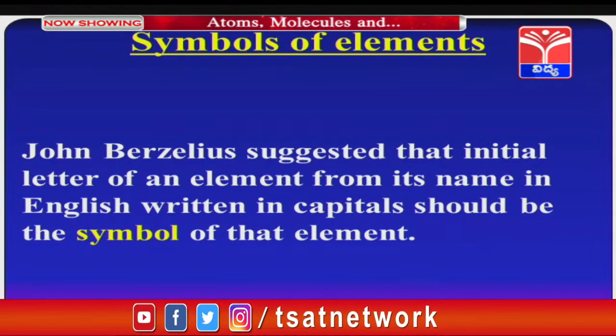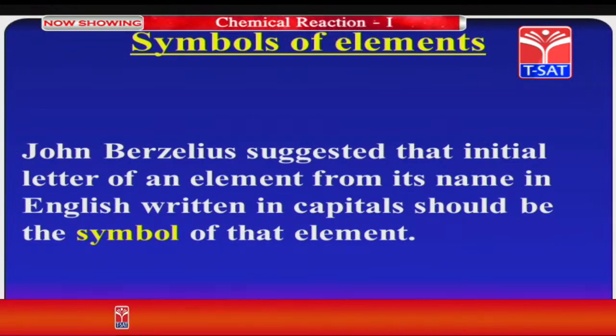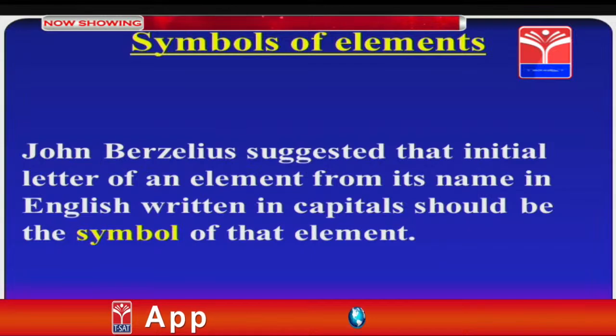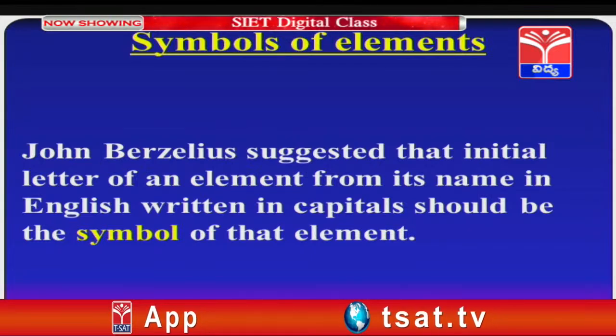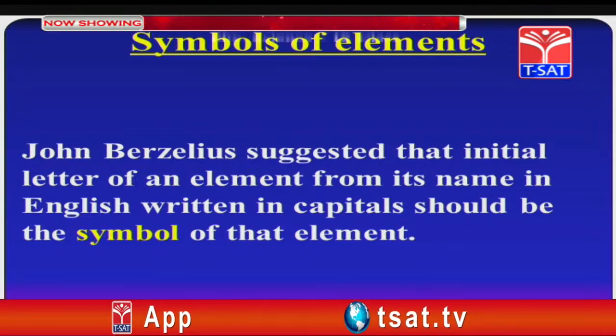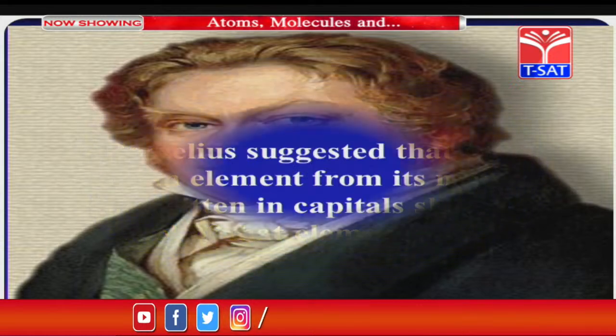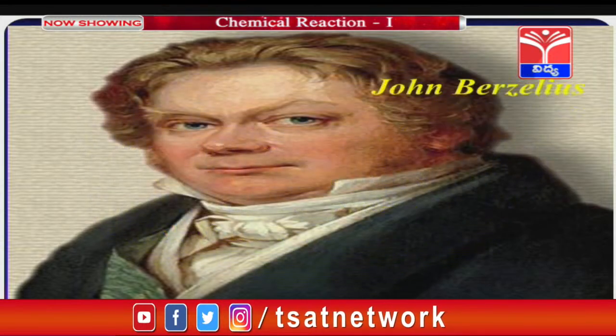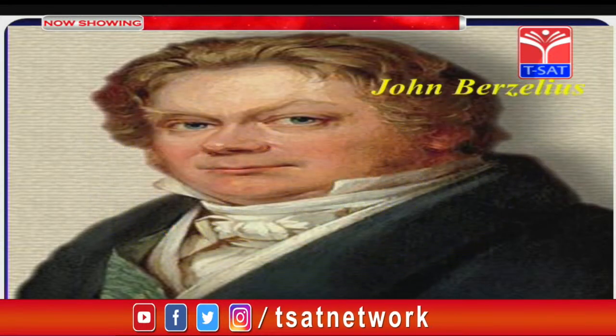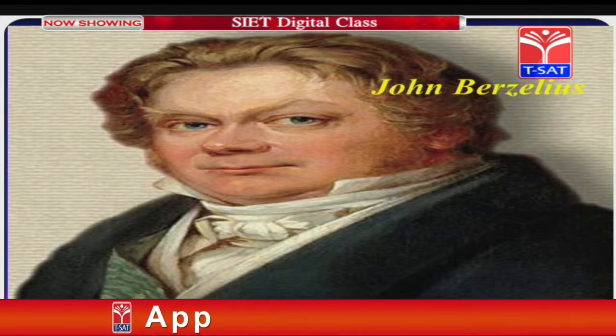So, children, John Berzelius suggested that the first letter of an element from its name in English, written in capitals, will be the symbol of that element. So, he is John Berzelius. He has given us the rules to write the symbols of elements.